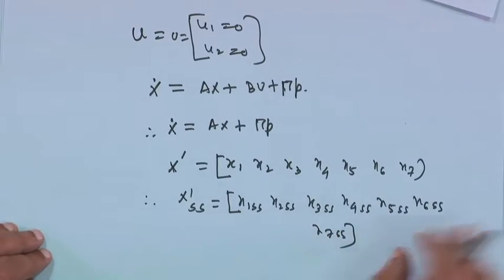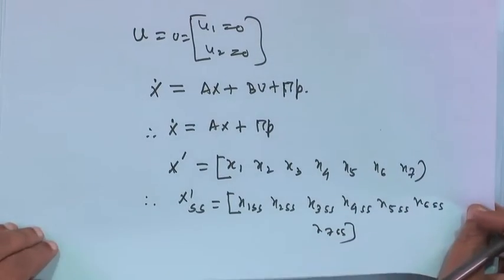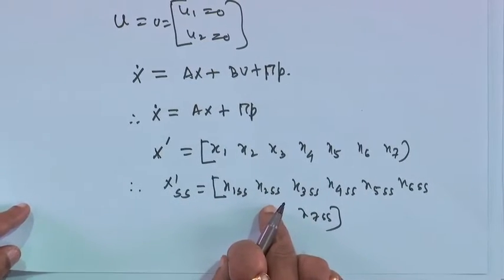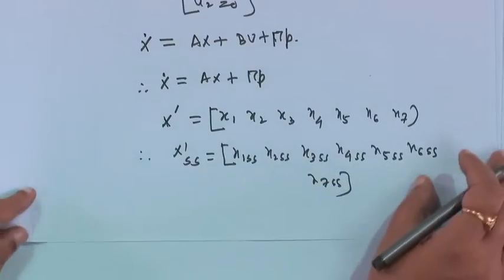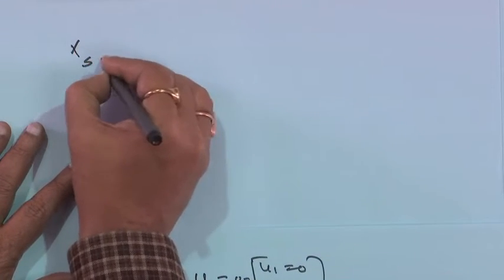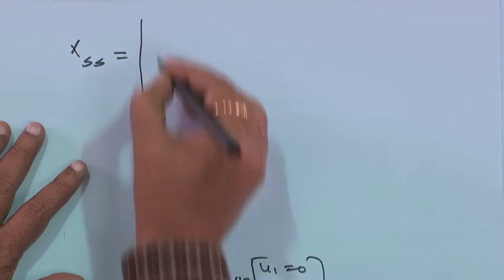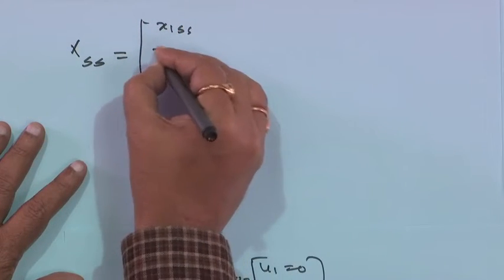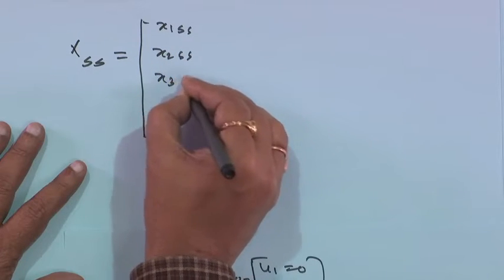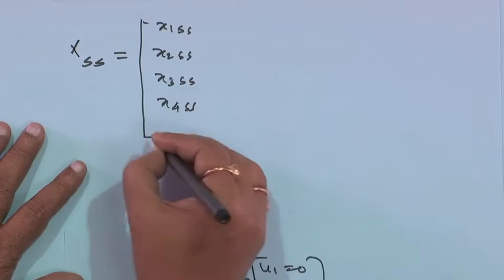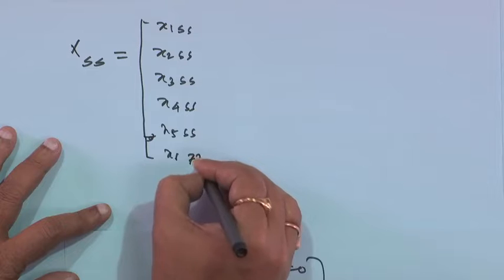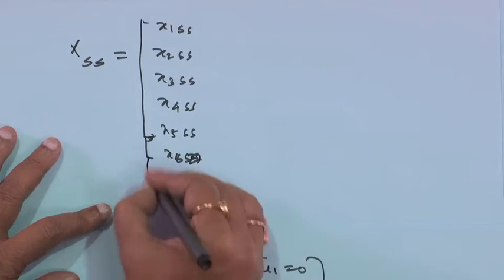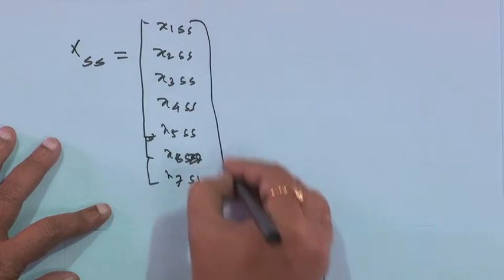These are all the steady state values. So, if I write x SS is equal to x1 SS, x2 SS, x3 SS, where SS means steady state, x4 SS, x5 SS, x6 SS and x7 SS, these are the x steady state.